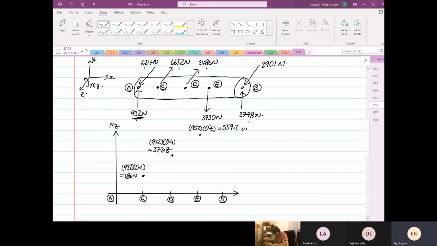Or you can also use 2798 multiplied by 0.2, right? 2798, 559.